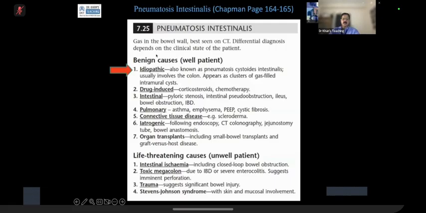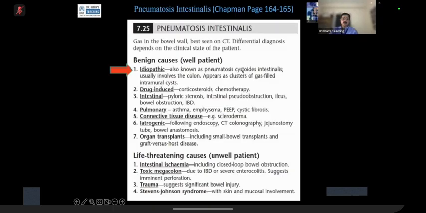Remember this: gas in the bowel can be benign, in a well patient, versus life-threatening, in an unwell one. And this is a case which I have shown you that is idiopathic. In American literature, they call it primary pneumatosis intestinalis or coli. Idiopathic is the etiology.